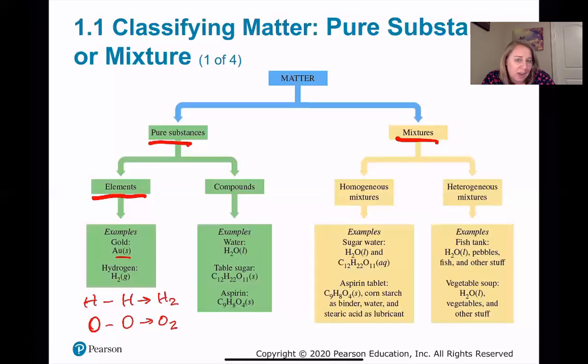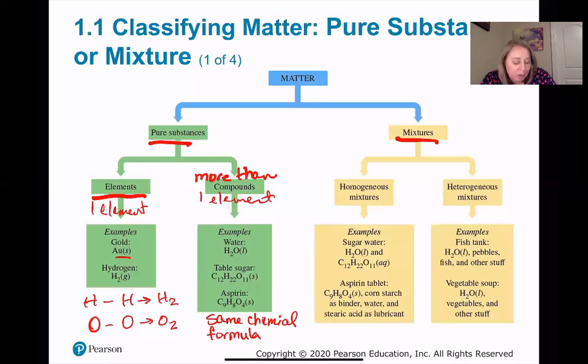Compounds, on the other hand, are more than one element. This is one element, right? So we can keep them separate. So we have more than one element, and it's represented by the same chemical formula.